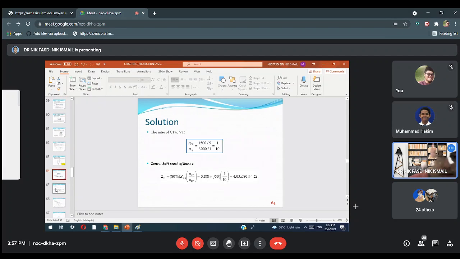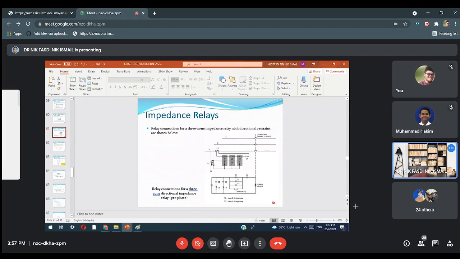Okay, not this one. Right. Okay, relay connection for a three-phase, three-zone directional impedance relay. So this is for the three zones, zone 1, zone 2, zone 3. We put them in series here. Okay, the concept is the same as the overcurrent relay, right? So in order for the breaker to trip, you look here, there is a T, which means the time delay.